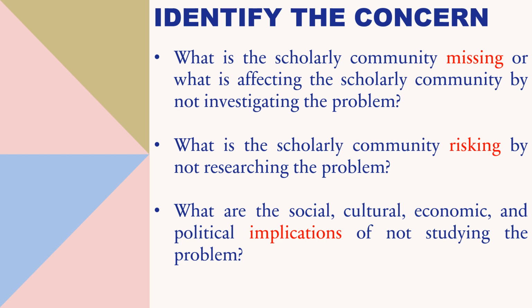So, meaning that by identifying the concern in your research, you'll be able to convince the scholarly community, but also the public, the community in general, and the government, that there is something that we are missing, there is something that we are risking, and therefore there are serious implications.